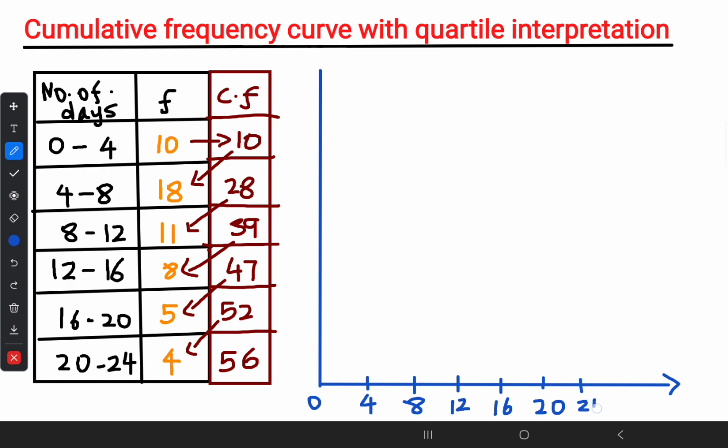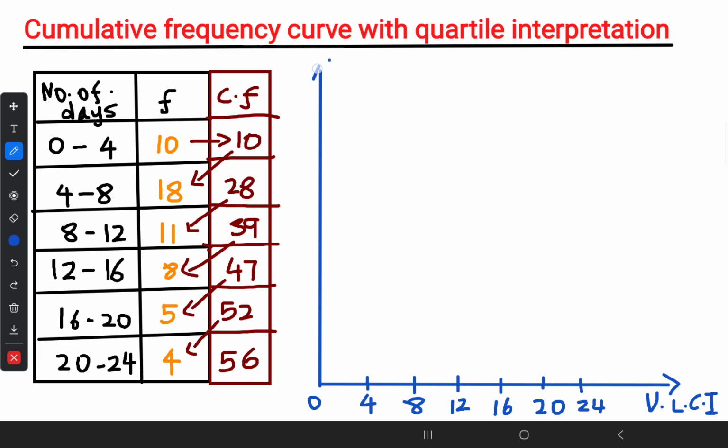So these are the upper limits of each respective class interval. For that one, we are going to plot the upper limits of each class interval versus cumulative frequency curve. Upper limits of class intervals.